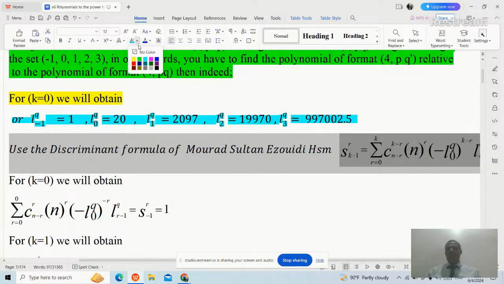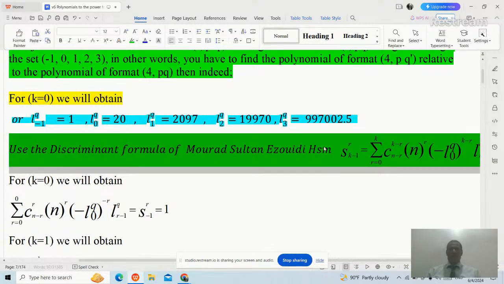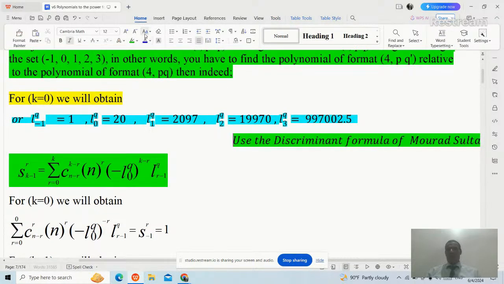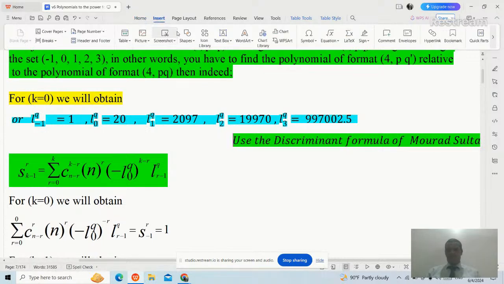Because this formula was obtained after 14 years of work. I'll choose this color. This is the formula, learners. I now want to find the value of s minus 1. I'll just insert a row first.